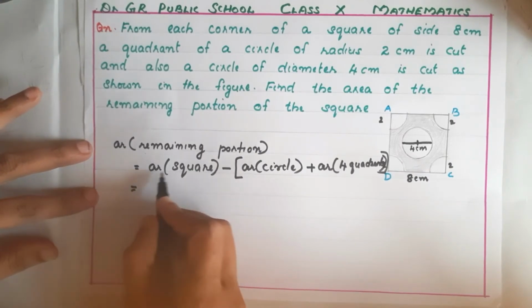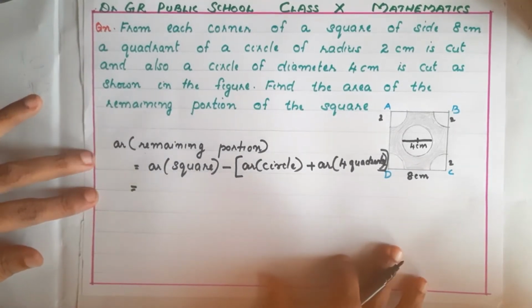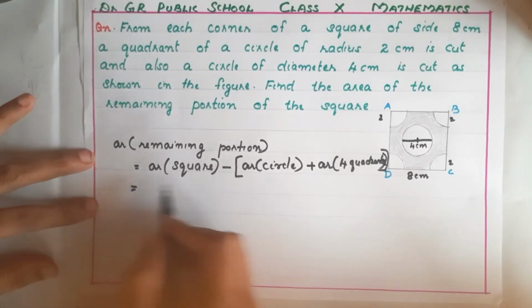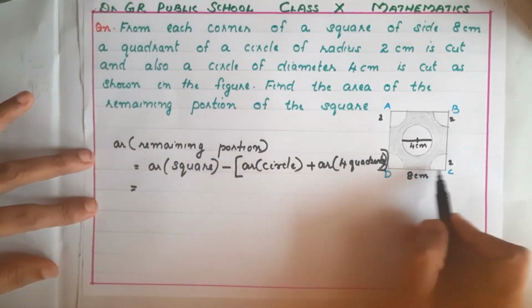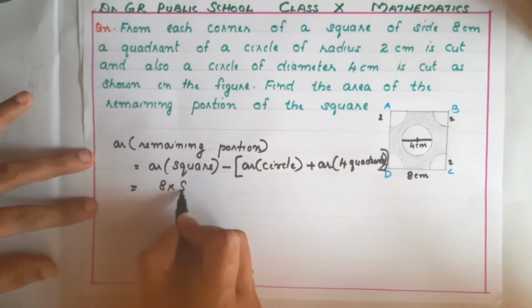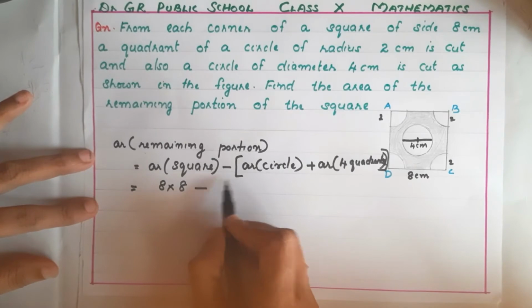Now, how will you get the area of the square? Area of square formula? Side into side, isn't it? So, what is the side? 8 centimeter. So, 8 into 8 minus area of circle, formula pi r square, isn't it?